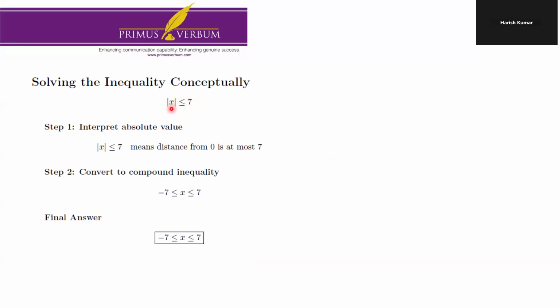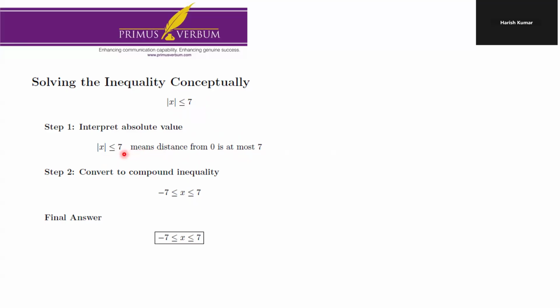The absolute value of any number gives its distance from 0. So absolute value of x is less than or equal to 7 means it is giving the distance of x from 0. So it means that x is at most 7 units from 0.